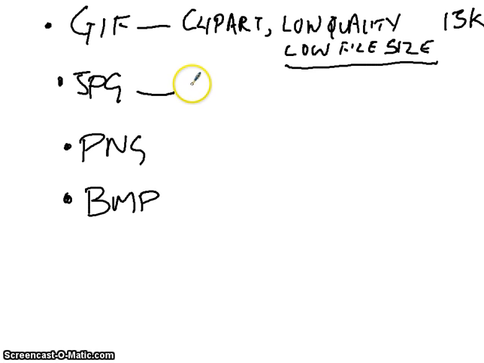JPEG images are different. JPEG images are of larger file size than a GIF, but they have better quality images than a GIF image.